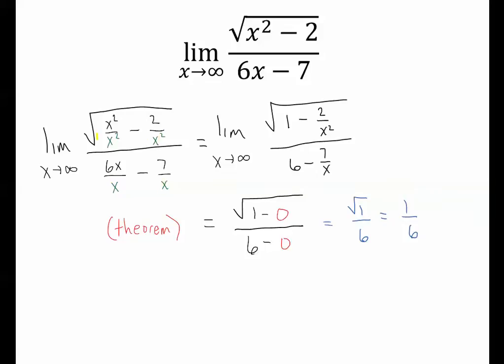Inside the radical, square root of x squared is equivalent to outside the radical x. Simplify these. X squared over x squared will give us 1. Minus 2 over x squared, not much simplification that can be done. In our denominator, 6x divided by x will give us 6. Minus 7 over x cannot be simplified.